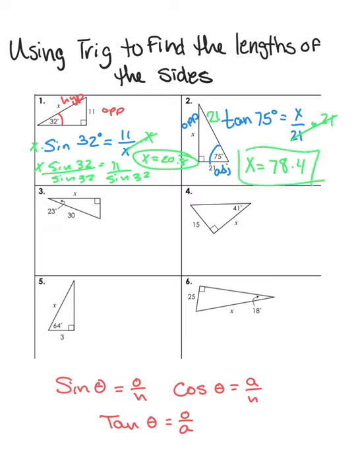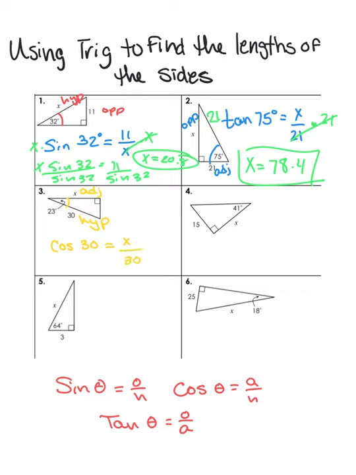For my next problem, I'm going to identify with opposite, adjacent, and hypotenuse. X is my adjacent. 30 is my hypotenuse. The trig function that deals with adjacent and hypotenuse is my cosine. So I'm going to set up the cosine of 30 is equal to the adjacent over my hypotenuse.